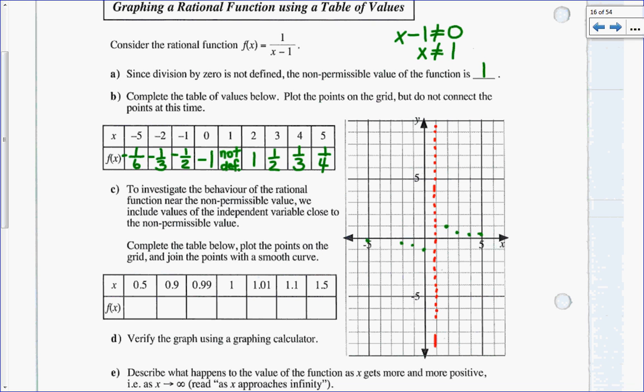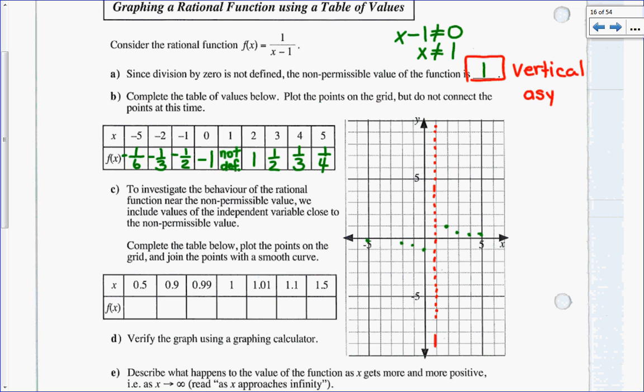Okay, there we go. So this red line that I've drawn is the line that this graph is going to get closer and closer and closer to without ever actually touching it. That's called your vertical asymptote. And your vertical asymptote is actually your non-permissible values. Okay, so we figured out that our non-permissible value was 1, so this is actually your vertical asymptote.